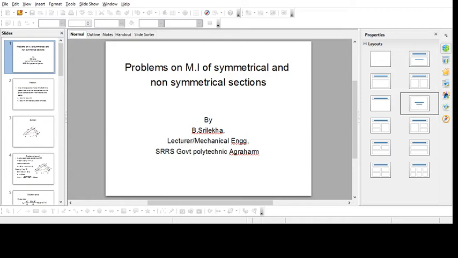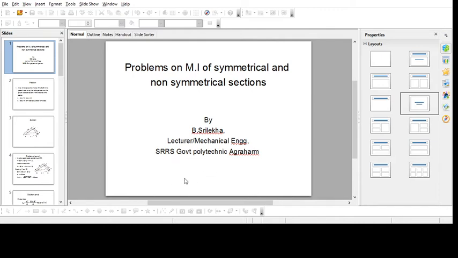So its area will be 120 into 10, that is 1200, and its centroid will be x1. You see this x1 is at a certain distance from the y-axis. So while calculating x1 you need to consider this distance also. So x1 is simply 120 by 2 plus this distance.